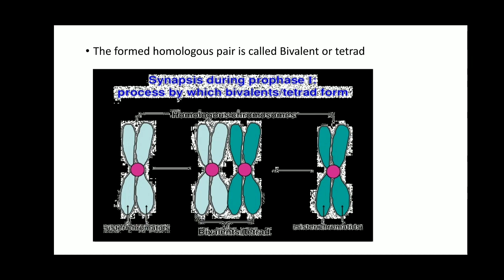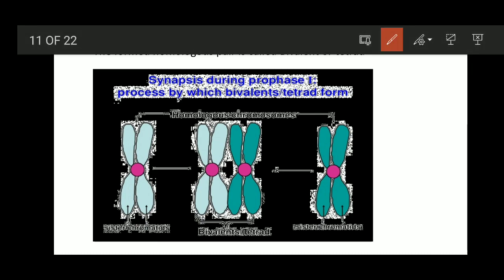You can see here in the diagram. These are the set of chromatids, or a pair of homologous chromosomes that is derived from the paternal side, and here another pair of chromosomes that is derived from the maternal side.